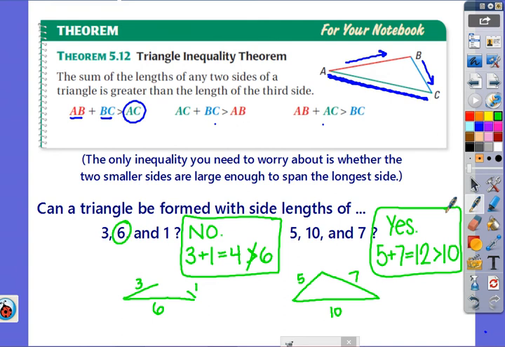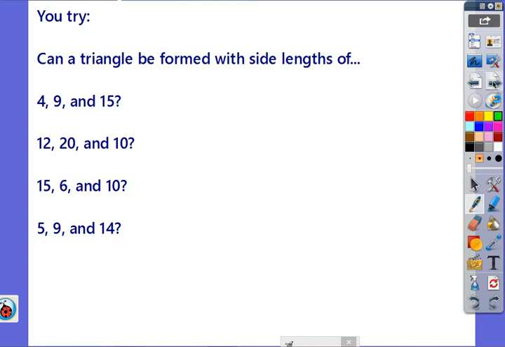So I want you to spend a couple minutes, and I want you to try these 4 examples. I want you to figure out if it's yes or no. Work together if you want, but I want you to write down your answers. I want you to write down some yes or no answers.